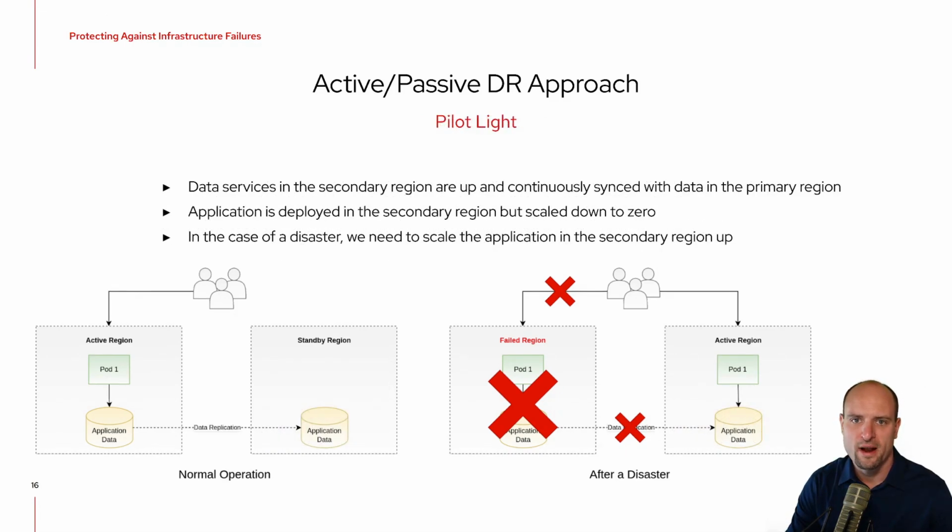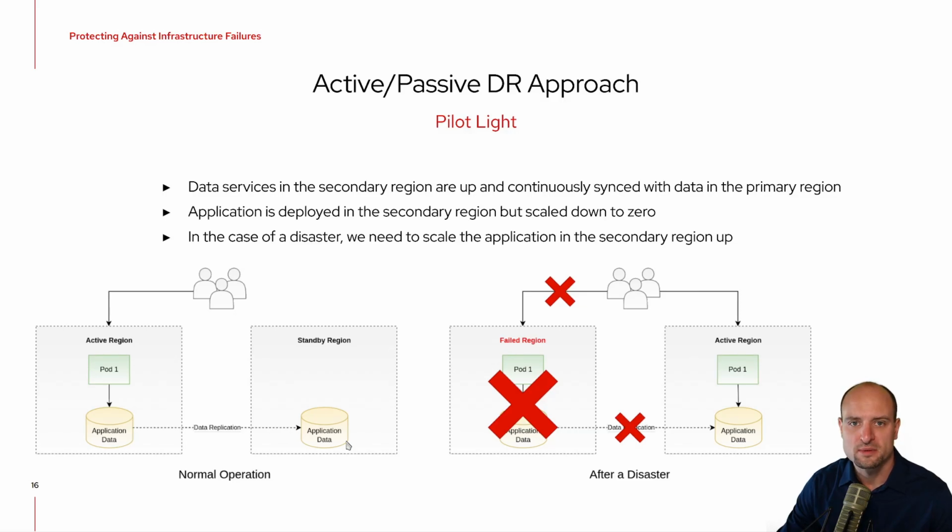Let's now look at the next strategy, which is called Pilot Light. This strategy is an improvement over the backup and restore strategy. The application is again deployed into a single region only. There is no application running in the secondary region. However, instead of just pushing backups from the primary to the secondary region, we actually have application services running in the secondary region as well.